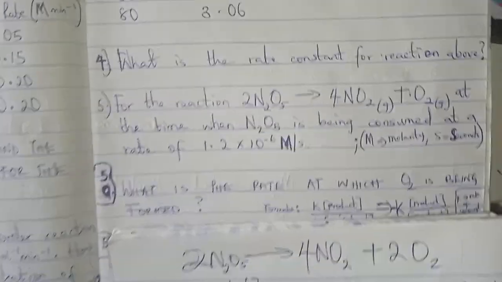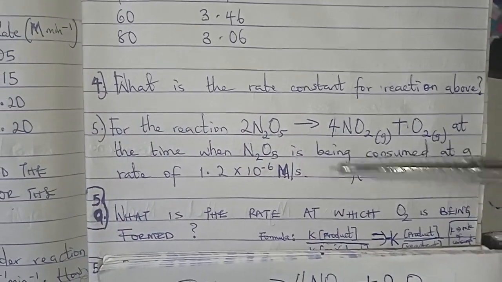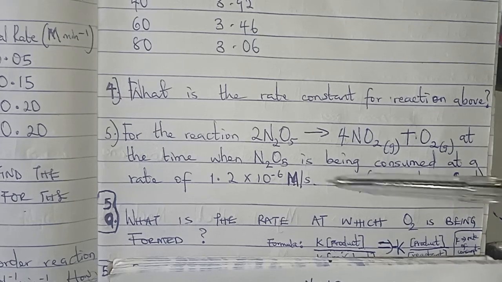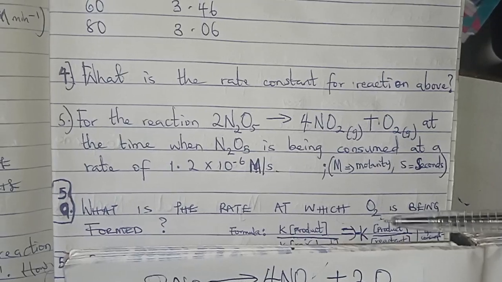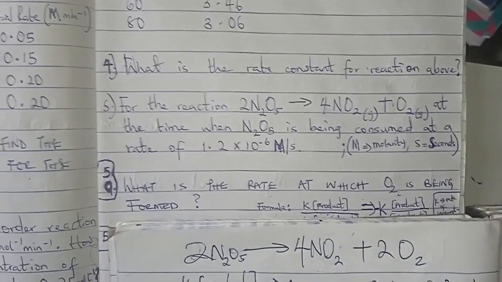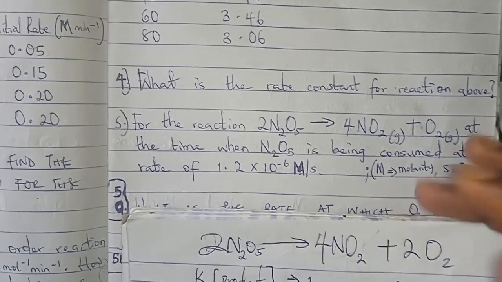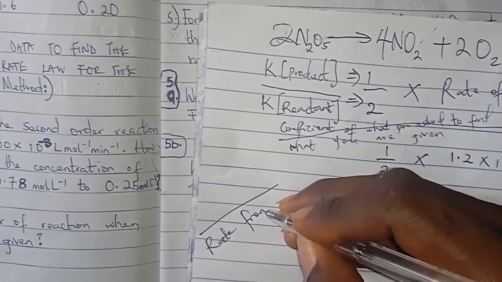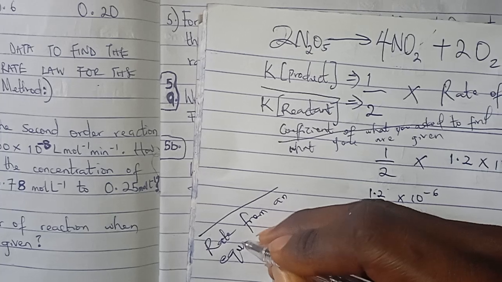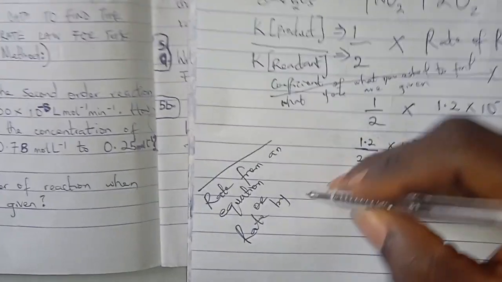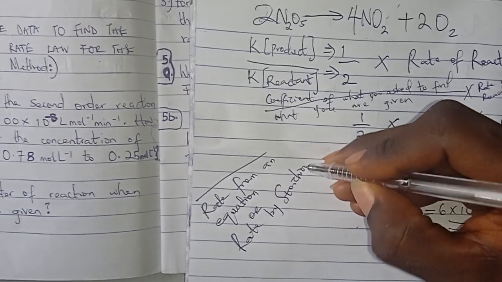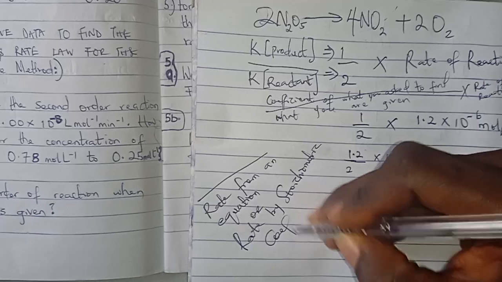So the way to go about questions like this, where something is being consumed and you are asked to find the rate at which something is formed, I call this rate by stoichiometry, or finding the rates from an equation, or rates by stoichiometric coefficient.